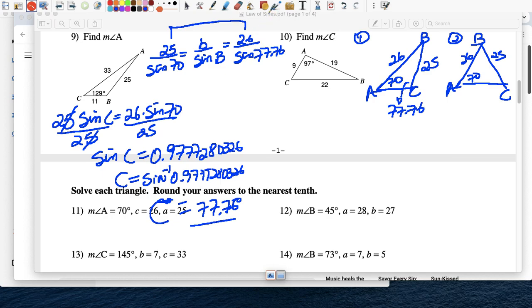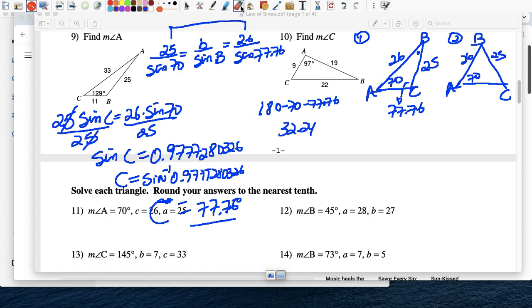And I can find angle B now. This angle here is going to be 180 minus 70 minus 77.76. So let's do that: 180 minus 70 minus 77.76, and that's going to give us 32.24.